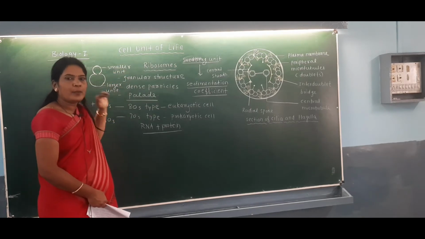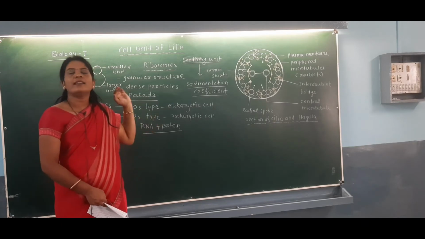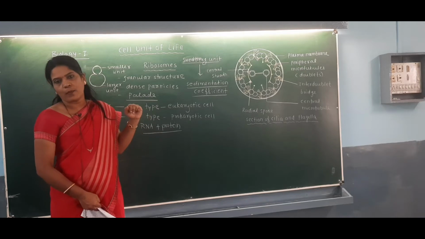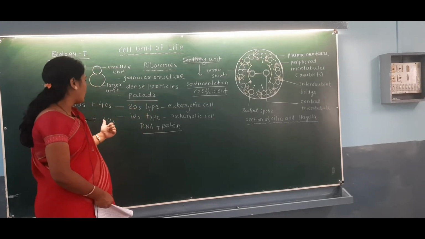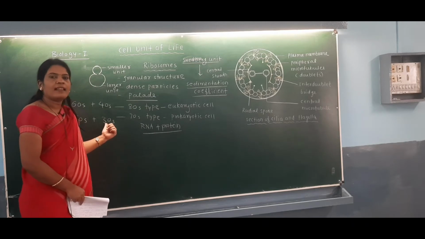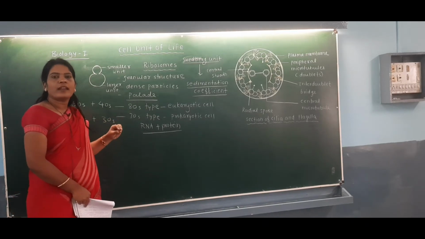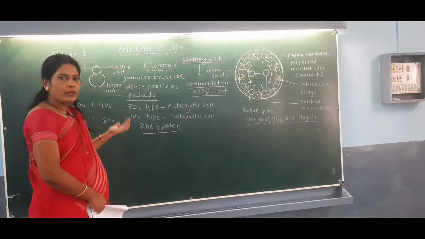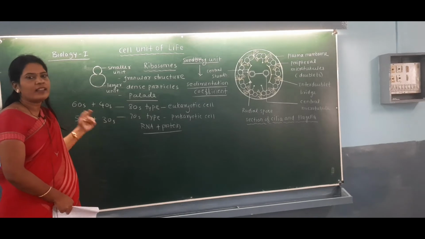In the prokaryotic cell you will find the 70S type of ribosome, and the eukaryotic cell has the 80S type. The 70S ribosome has two units, the smaller called 30S and the larger called 50S, while the eukaryotic ribosome is of 80S type, which has the smaller unit 40S and the larger unit 60S.